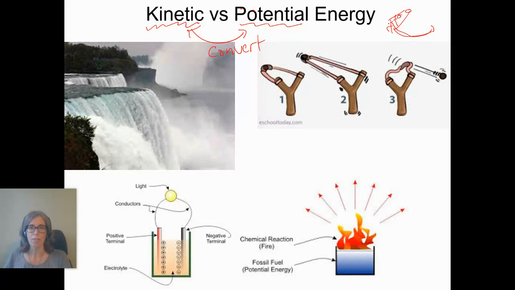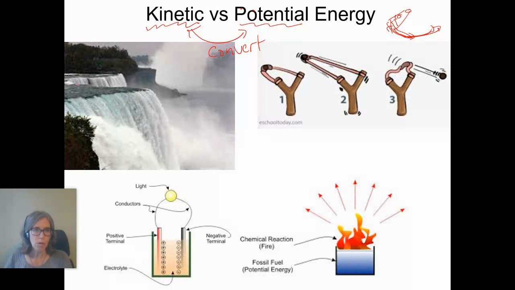At the top, you've got a lot of gravitational potential energy. As you're at the lowest point, you don't have as much gravitational potential energy, but you're moving, so that's kinetic energy. Then you go up to the top of the swing again, and you've got more potential energy, but you stopped for just a fraction of a second, so that would be no kinetic energy. So you can convert back and forth between potential and kinetic energy.